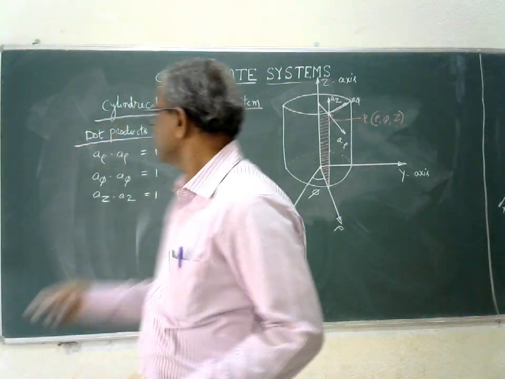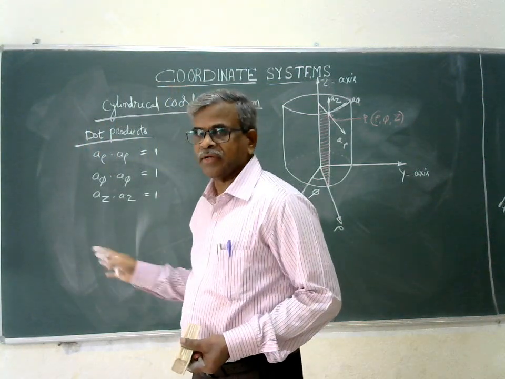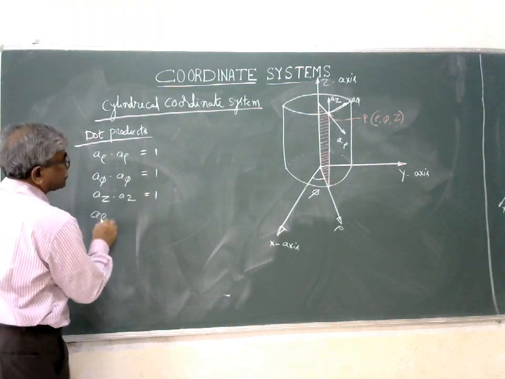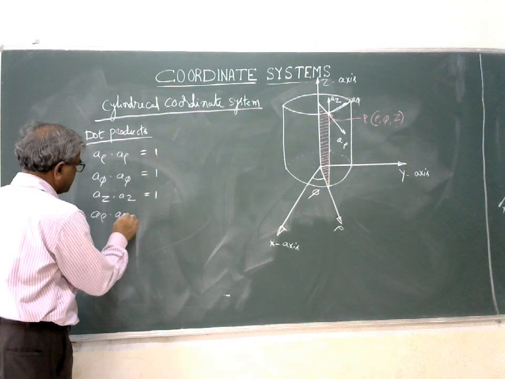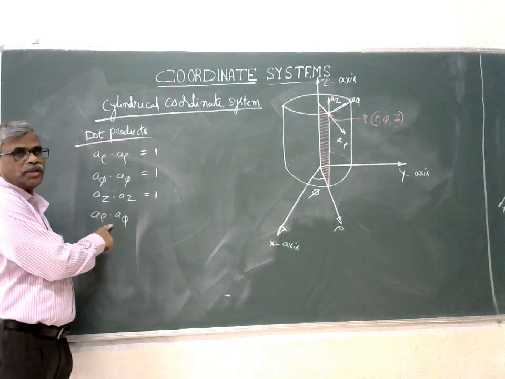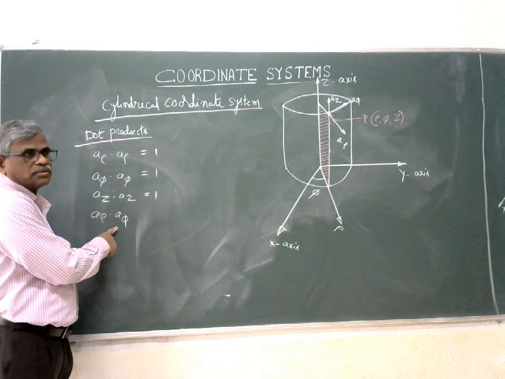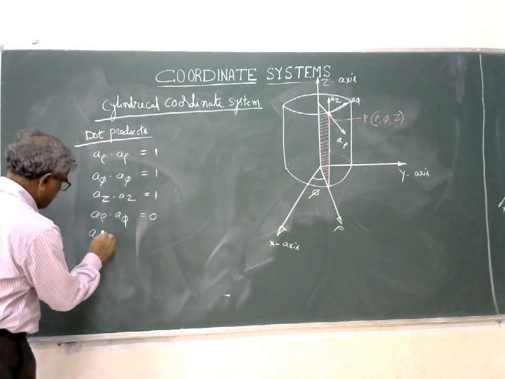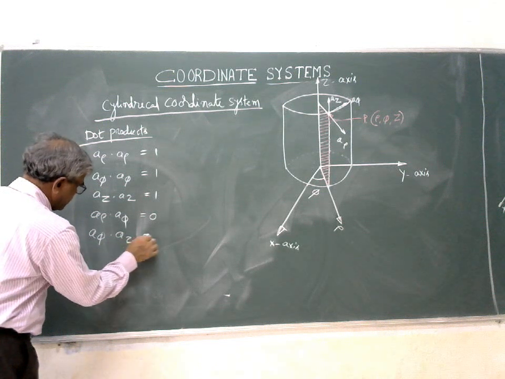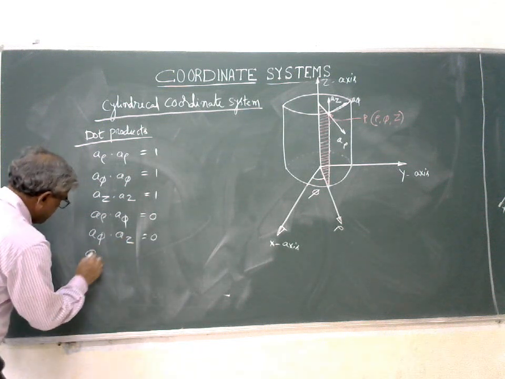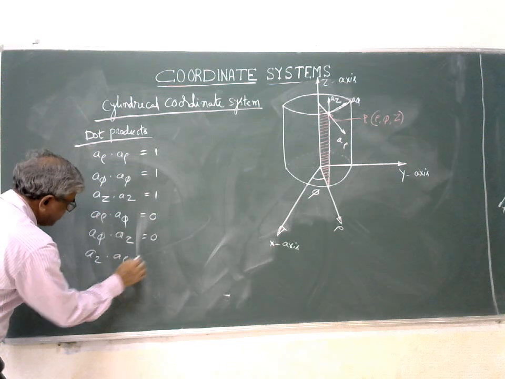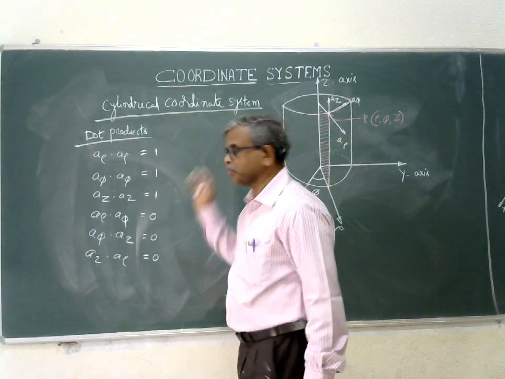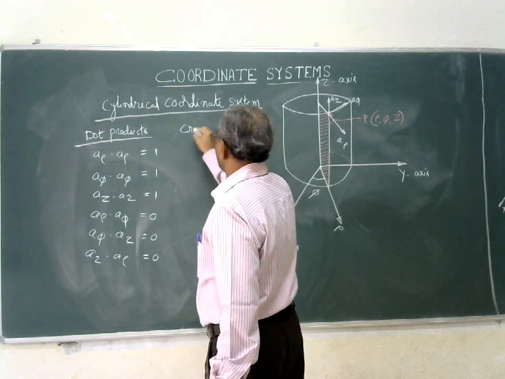Next is the dot product between two adjacent axes. A rho dot A phi: the angle between two adjacent axes is 90 degrees, cos 90 is 0. A phi dot A z is equal to 0, and A z dot A rho is equal to 0. These are the dot products.